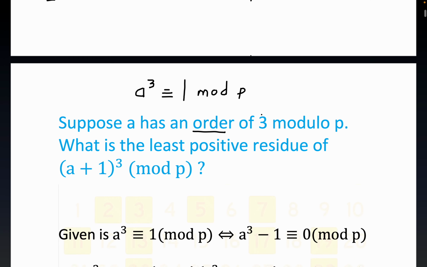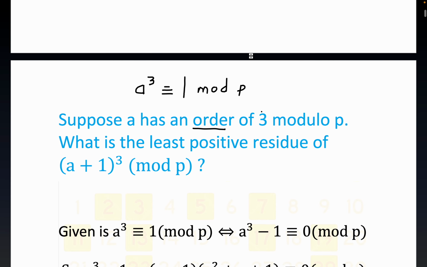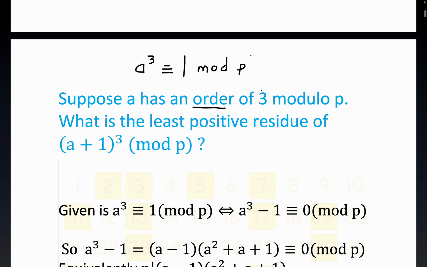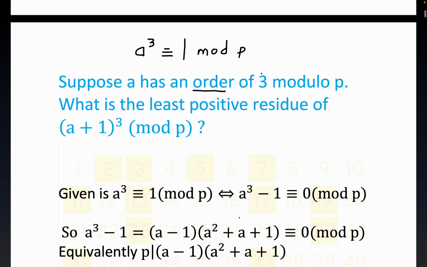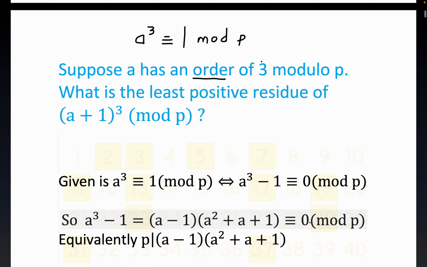Now let's solve the problem here. Now again, this very first statement is just directly from what I just mentioned to you up here about order. This very next statement here is just a factorization of a cubed minus 1. Now this characterization, congruent to 0 mod p, also can be written as p divides a minus 1 times the quantity a squared plus a plus 1.